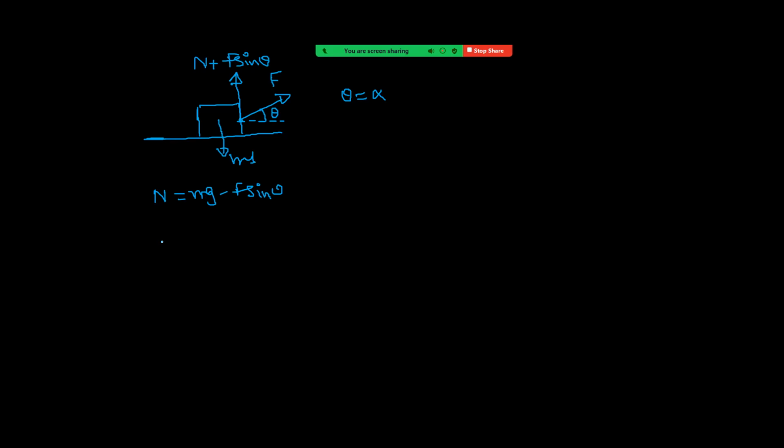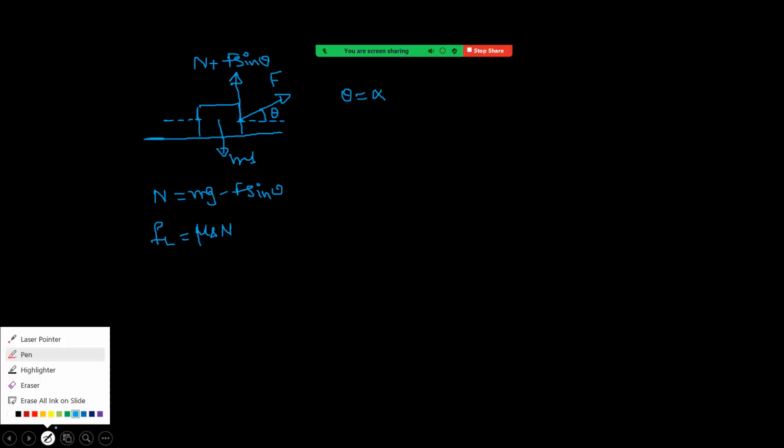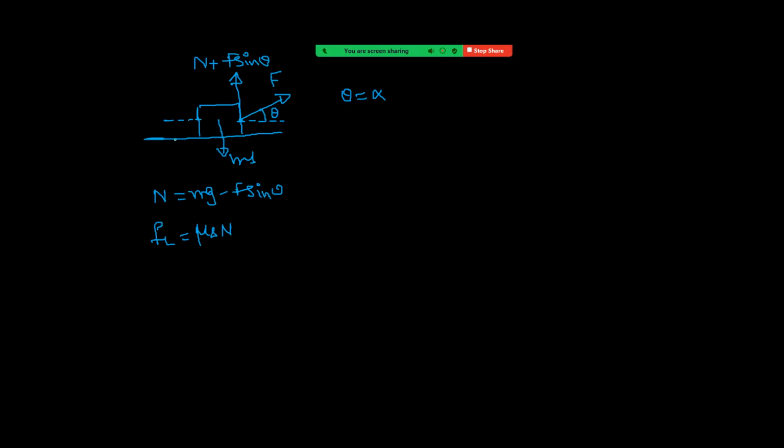So when normal reaction is reduced, limiting friction will be reduced because it is equal to mu s into normal reaction. So less normal reaction, less limiting friction. That means with less force, we can move the block by pulling. Okay. But if you observe, when we are pushing the block, see what happens.